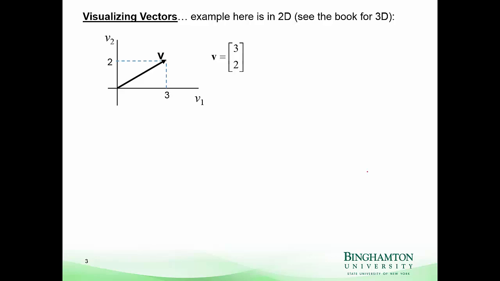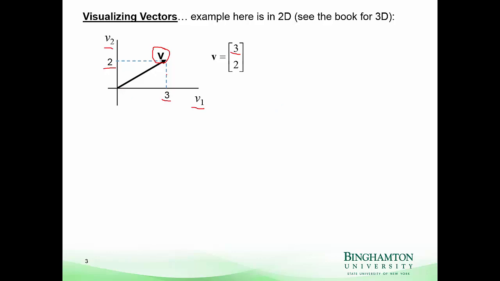Okay, so that's how we define them mathematically, but we can also visualize them, and this is kind of where the physicist view comes from. We can define two axes, v1 and v2, and so this vector v will take on the value of 3 along the first axis and 2 along the second axis.